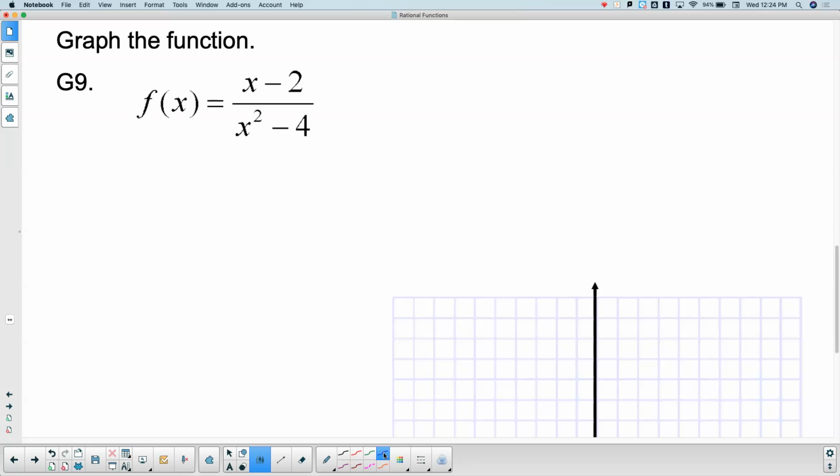Normally, you would be finding the domain and the vertical asymptotes first, correct? Okay? But now, what's going to happen is you are first going to find the domain. So what is the domain of this function?